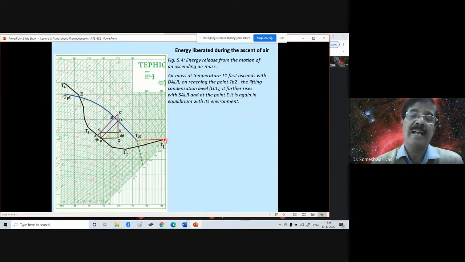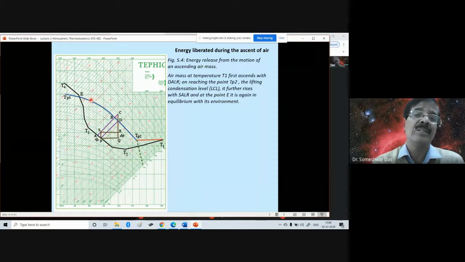Okay. And initially, as I said, it is losing temperature at the rate of dry adiabatic lapse rate and then moist adiabatic lapse rate. Okay. And it keeps on rising because it finds itself buoyant, warmer. It finds itself warmer than the surrounding air. This is the surrounding air temperature. Okay. And this is the temperature of the air parcel.